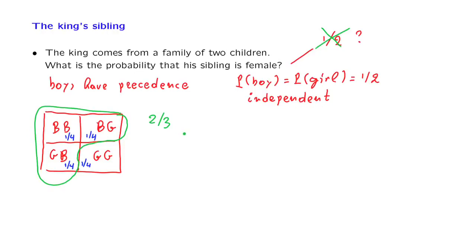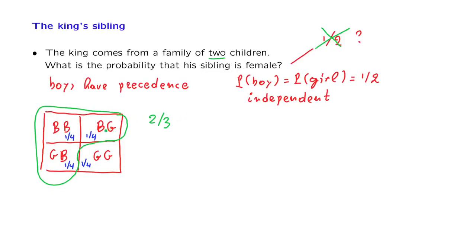We assume that the royal family decided to have exactly 2 children. So the number 2 that we have here is not random. It was something that was predetermined. Once they decided to have the 2 children, they had them.